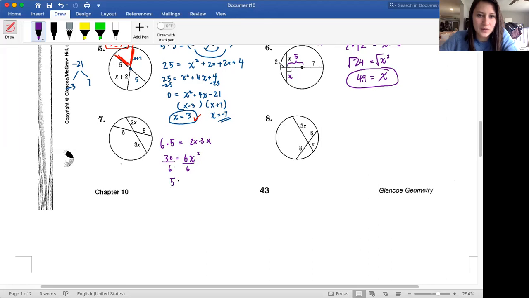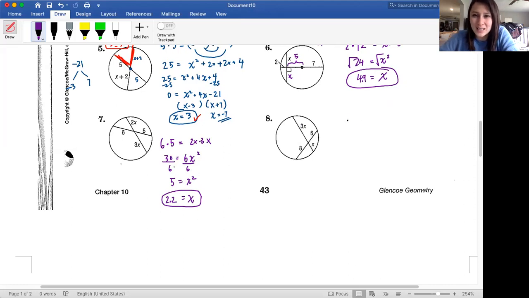So I get 5 equals x squared. And now I need to square root it. So just plug it in your calculator, and square root of 5 is about 2.2. And so don't be intimidated by the squares. You guys know how to work that out. So I'm just showing you how to do that here.